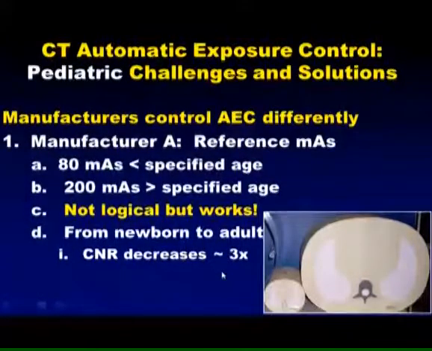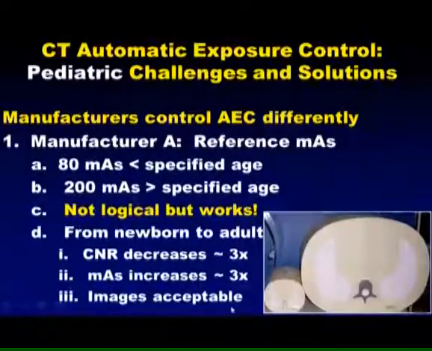The contrast to noise ratio increases by a factor of 3 as I go from my newborn to my adult. Remember a minute ago I said I needed more contrast to noise ratio for my infant compared to my adult, but I didn't tell you how much more I needed. Siemens figured it out quite a while ago and realized that it was about a factor of 3.